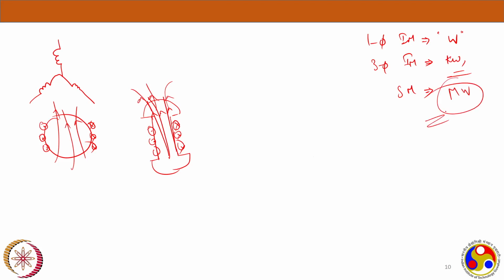Now, can anyone tell the reason behind synchronous machines having these higher and higher ratings? Because the induction machine has a few drawbacks, like it draws the entire magnetizing current from the supply lines only, right? So the supply has to provide that magnetizing current. This makes the motor have a very low power factor.